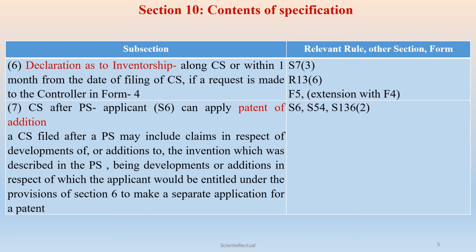Subsection 7 under 10. Complete specification when it is filed after provisional specification, applicant as per Section 6 can apply patent of addition. A complete specification which is filed after a provisional specification may include claims in respect of development of or addition to the invention which was described in the provisional specification, being development or addition in respect of which the applicant would be entitled under the provision of Section 6 to make separate application for a patent.